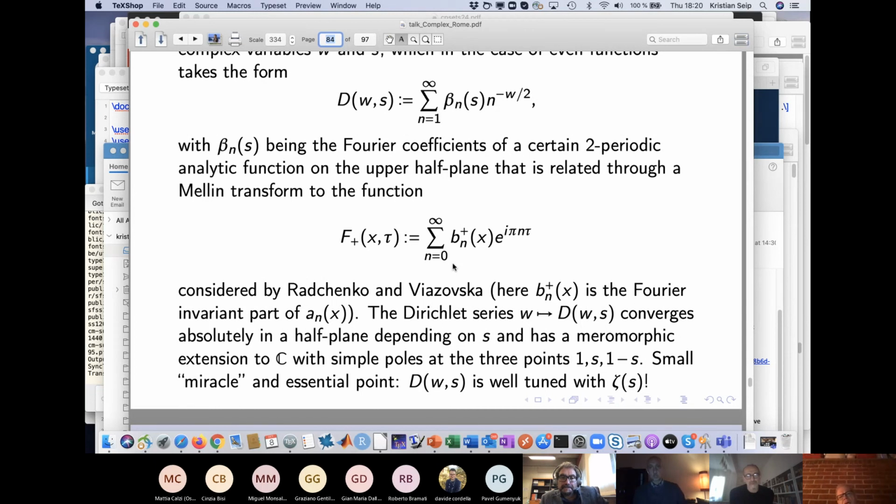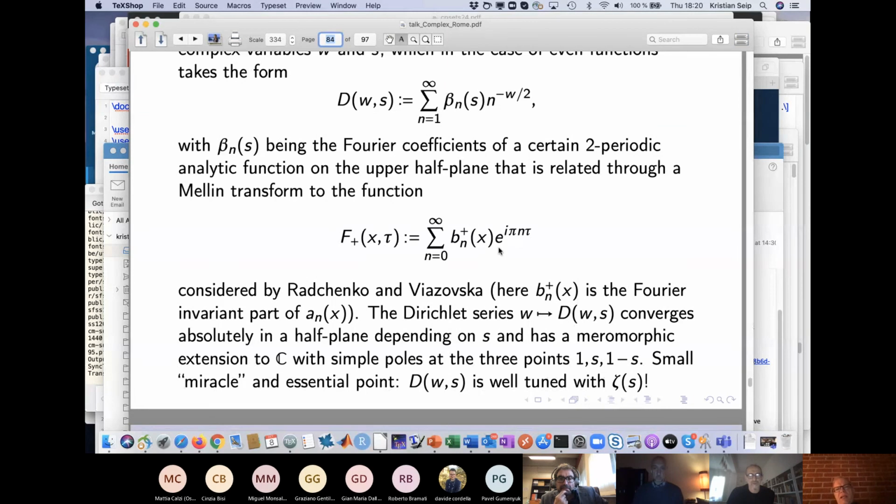You integrate that against, in the case of the bn's, a complex Gaussian. So it's e to the i pi x squared z, and you integrate that along a curve in the upper half plane, but they do it along a semicircle from -1 to 1.